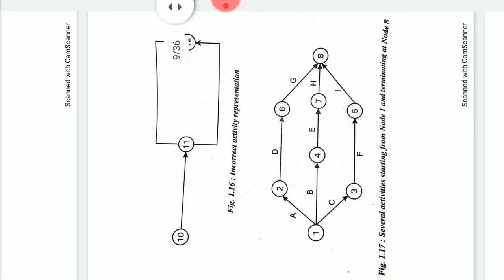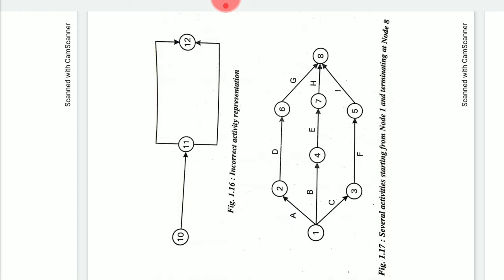And you can observe figure 1.17, several activities starting from node 1 and terminating at node 6. You can observe here the activities A, B, C starting from the first node, starting parallelly. So three activities are starting parallelly.